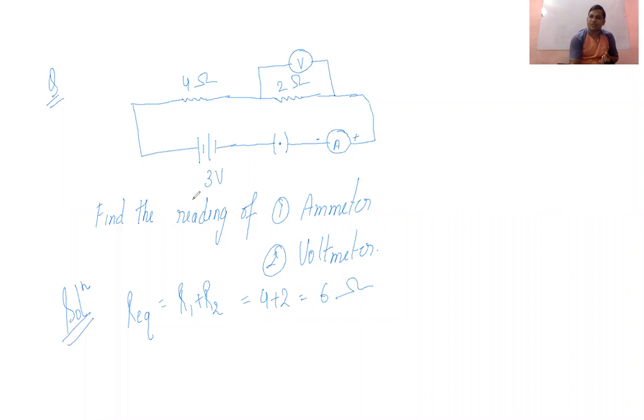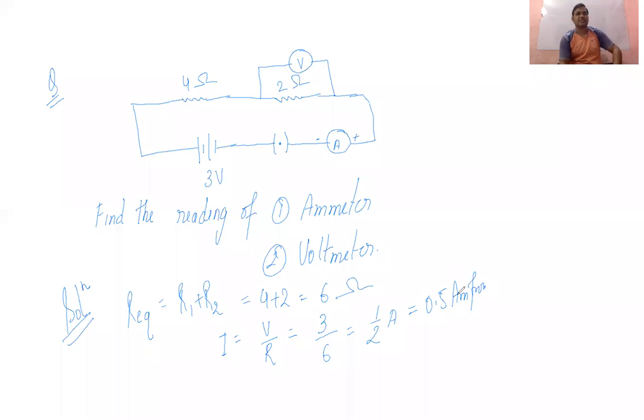This 6 ohm is connected with a 3 volt battery, so I will use Ohm's law: I equals V by R. V is 3 and resistance is 6, so this will be 1 by 2 ampere, or 0.5 ampere.